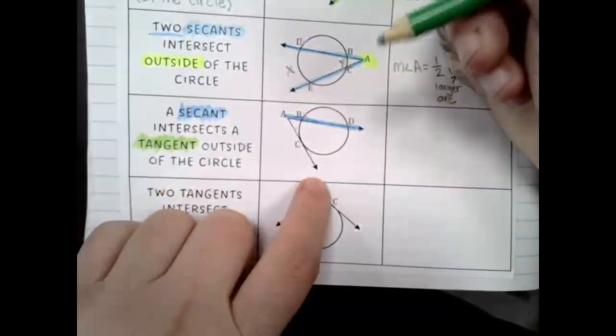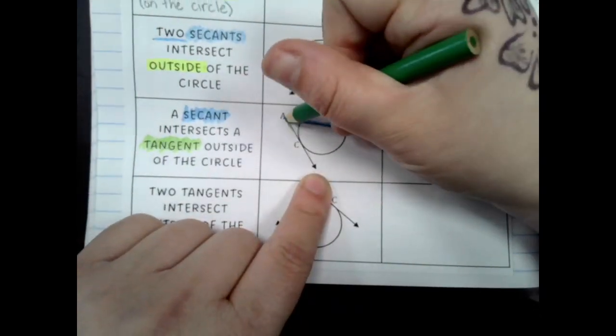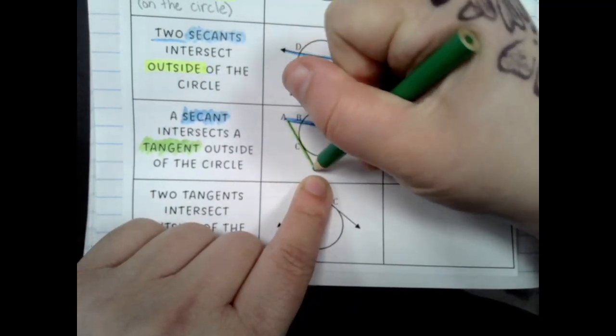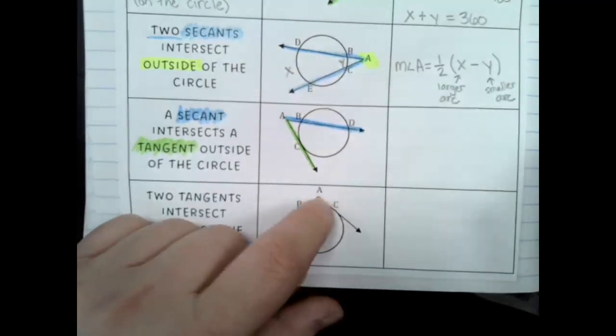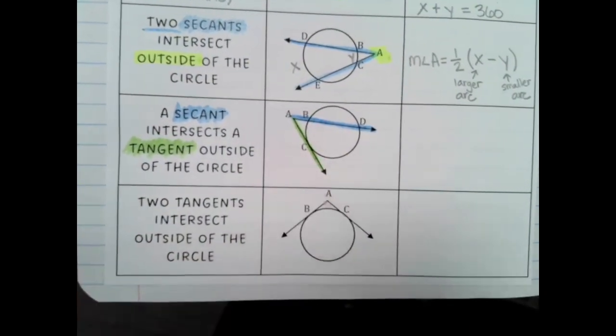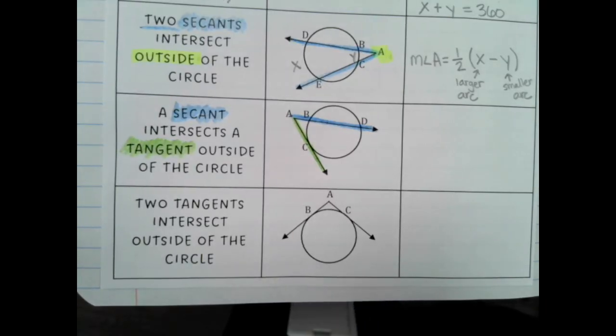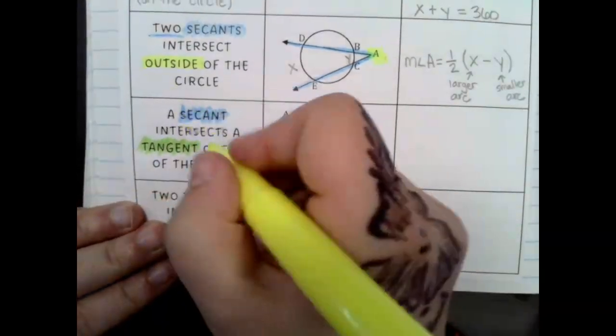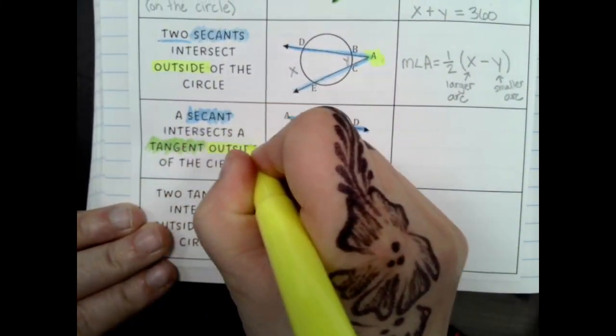Where does this tangent touch it at? What's that point of tangency? Yep, C. Okay, but where those lines intersect is still outside of the circle.